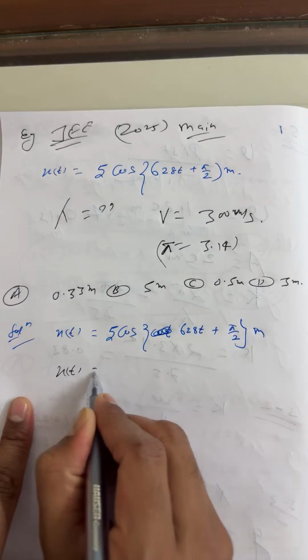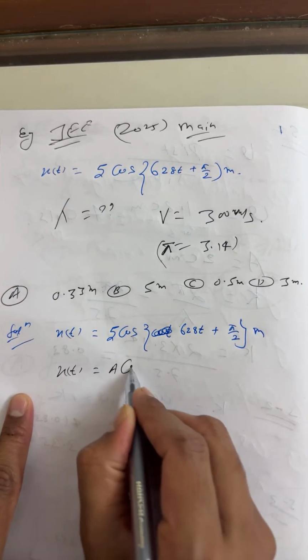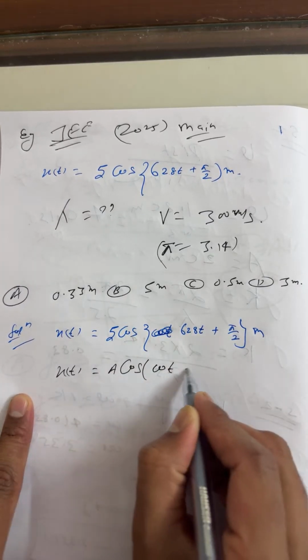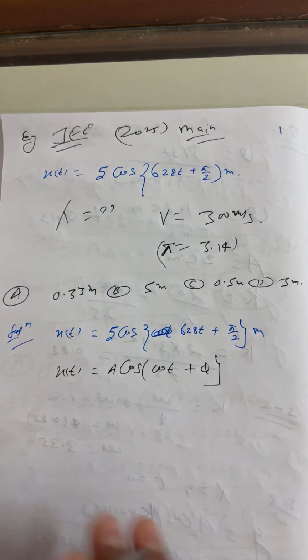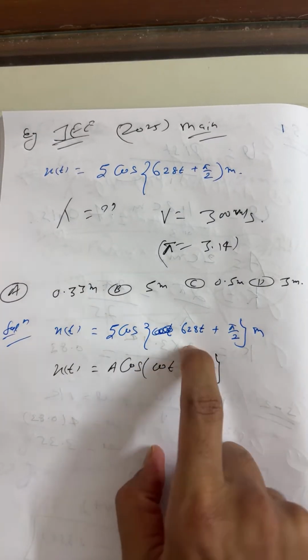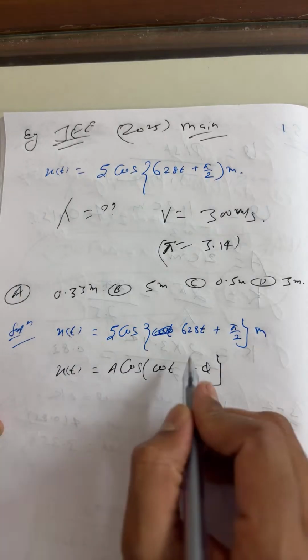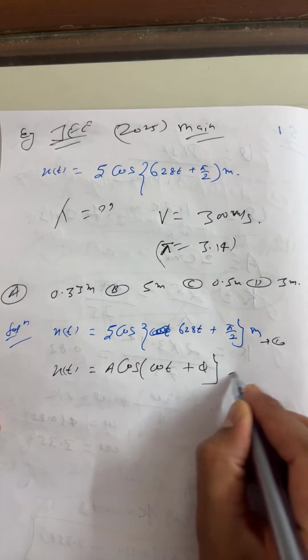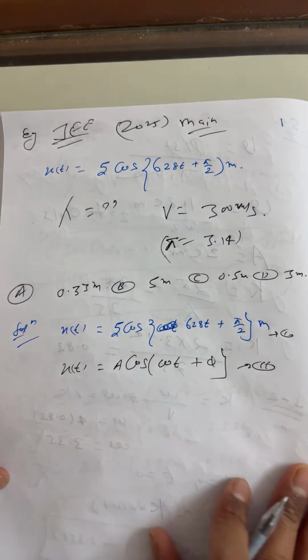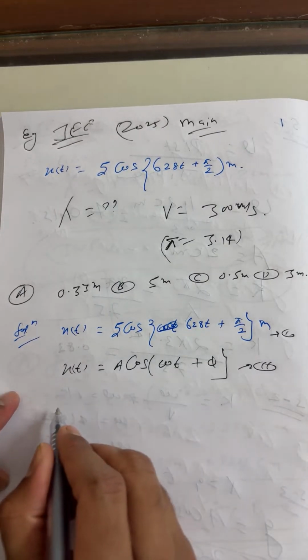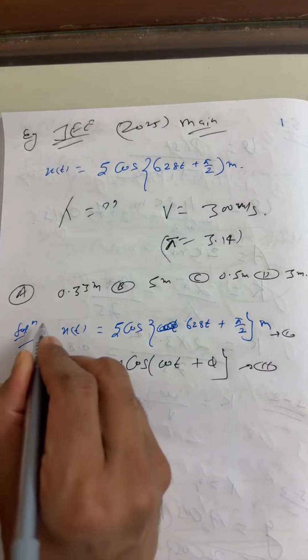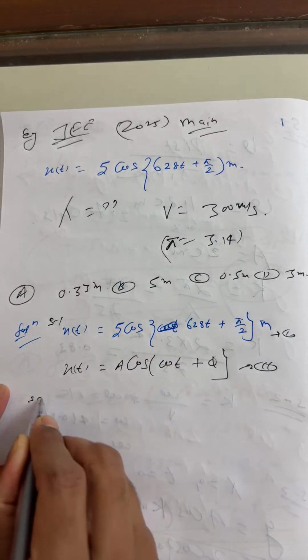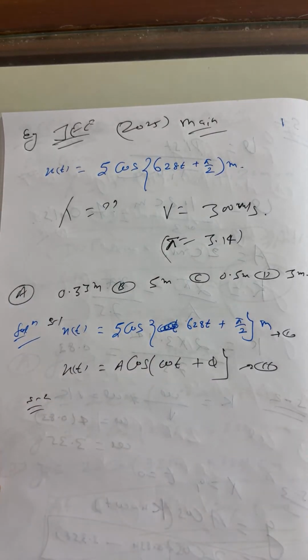X as a function of t is A cos of omega t plus phi. Simply, beta, I can see from here omega is equal to 628. Let us call them equation number one and equation number two. Just equate these two, my dear. Just equating here, this is step one, and now this is step two.